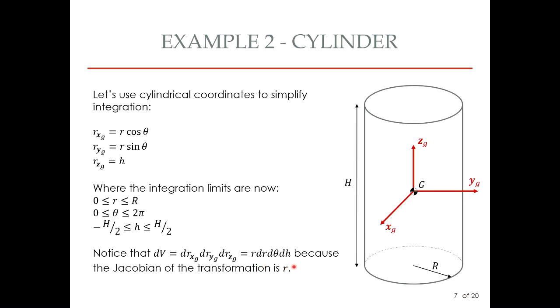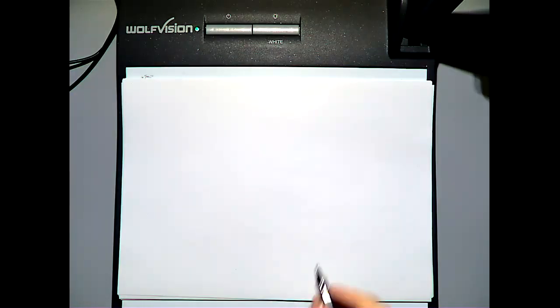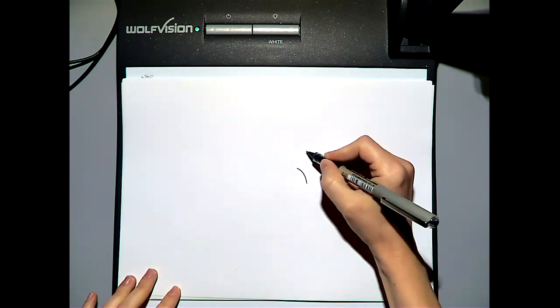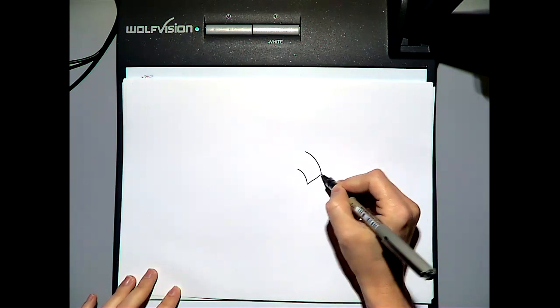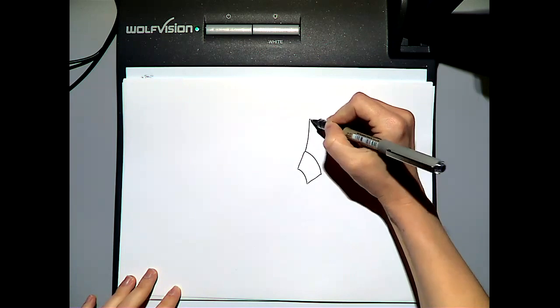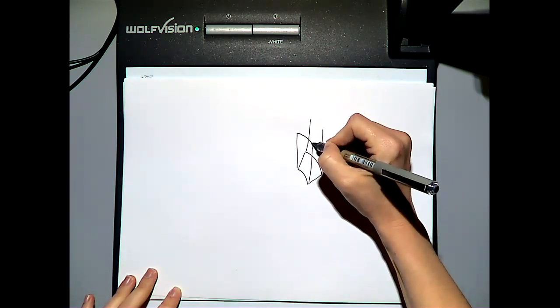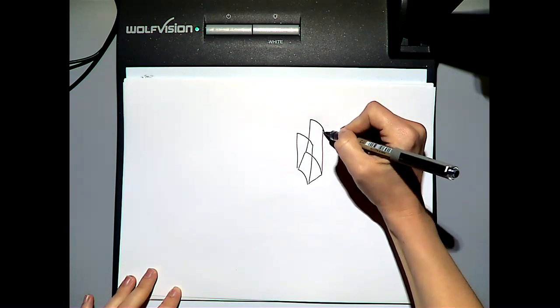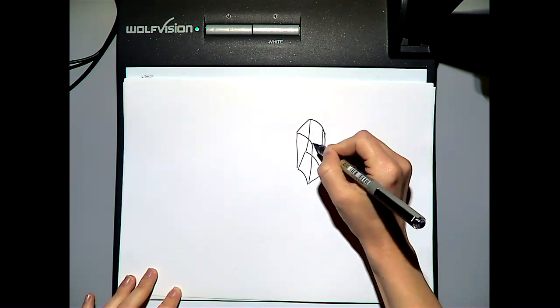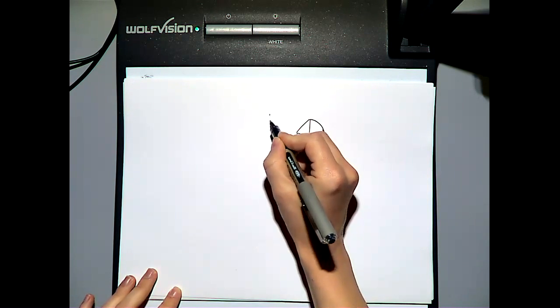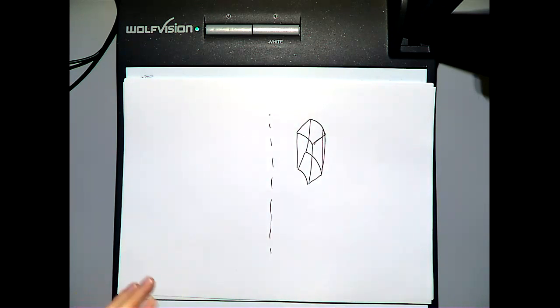Or if you want to look at it more geometrically, you can look at a piece of volume. In this case, now I'm a terrible drawer, so, sorry. So this is the axis of the cylinder.